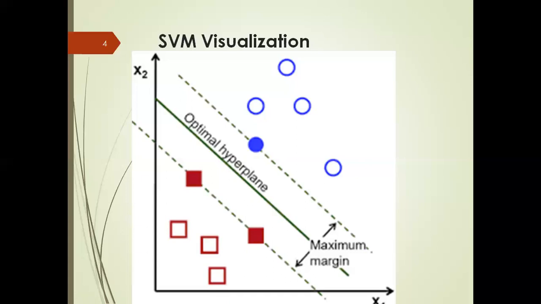These points are called support vectors. What are the support vectors here? The data points which fall on the two gutters, that is, the dotted lines. So these points are called support vectors.